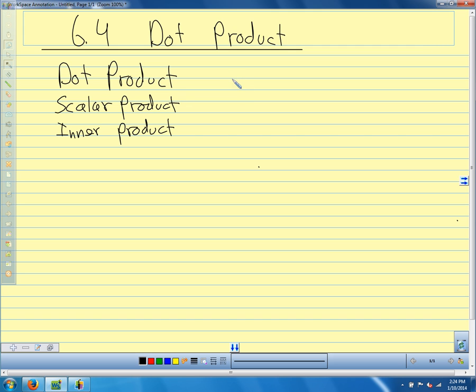So if we have our vector u equals u1, u2, we could also write that as u1 i hat plus u2 j hat. And we have another vector v, which is, in component form, v1, v2. We could also write that v1 i hat plus v2 j hat.